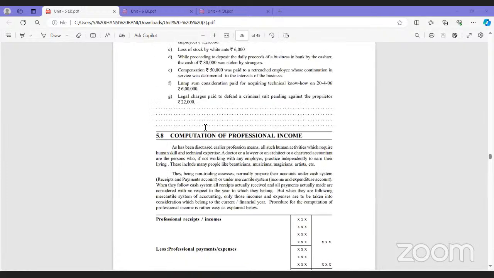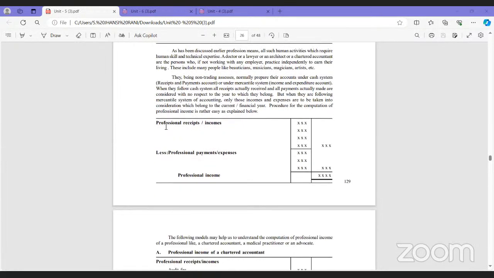So this is actually income from profession. There we have professional receipts and incomes and professional payments or expenses. And apart from doctors and lawyers, it applies to anyone who is practicing independently, not working under anyone. Here also all doctors will not practice. Few will practice and few will work under some hospital.